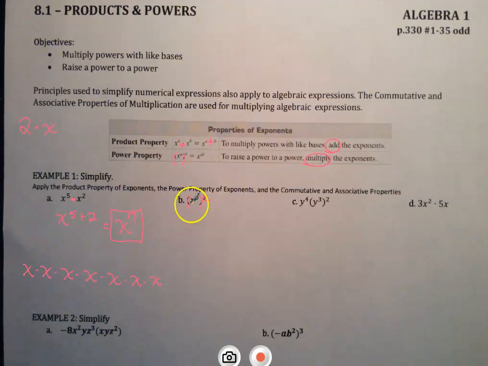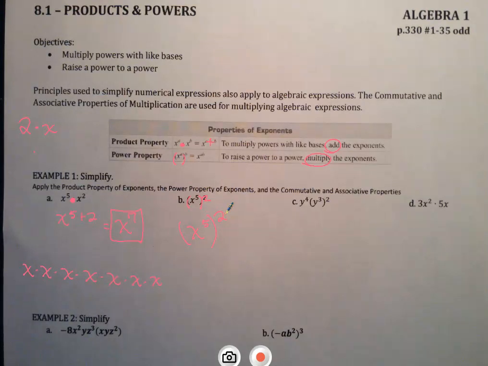All right, so this one is saying x to the 5th to the 2nd power. So what are we going to do with those exponents? We do not add them because we're not multiplying them. We're not finding their product. In B or C, because it's x to the 5th, this is a power raised to another power.